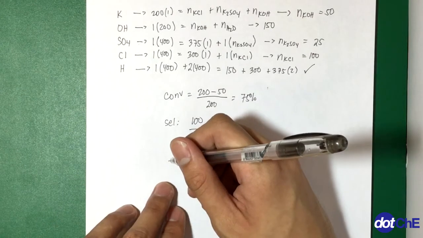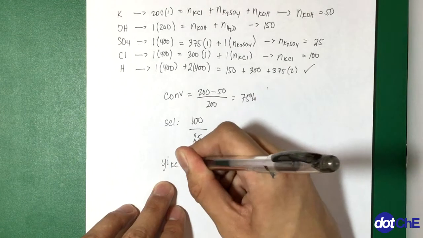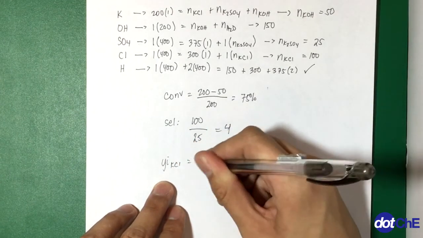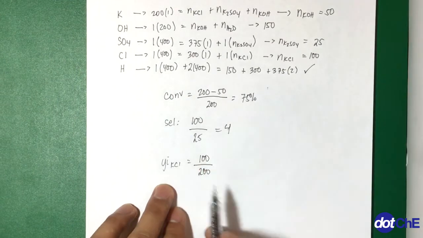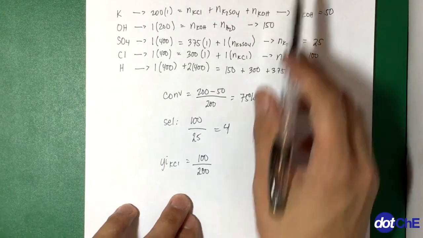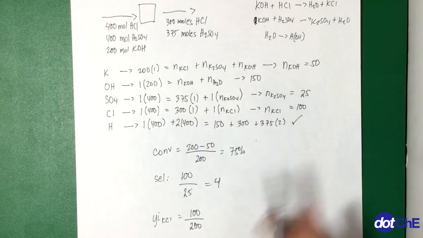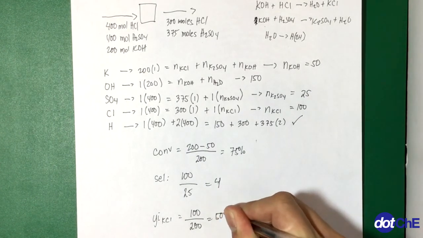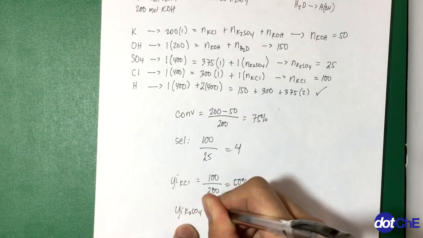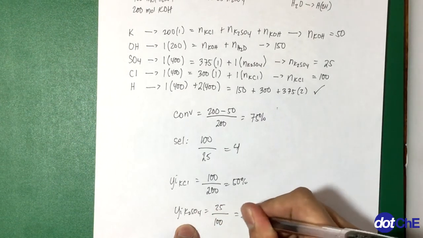Next, we calculate the yield of KCl, which is approximately 100 divided by 200, because complete conversion of KOH to KCl here will yield an amount of 200, so that will be 50%. Same thing will happen for K2SO4, so that's 25 divided by 100, which is 25%.